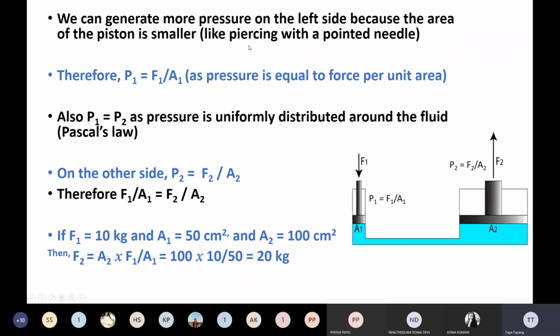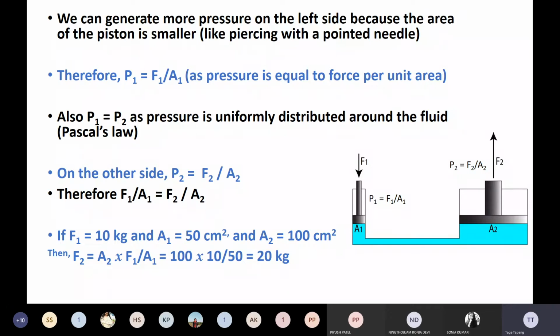Here you have one example, like piercing with a pointed needle. A needle has a very small cross section area, so we can pierce easily through many layers. But if the needle had a big cross section area, we could not pierce. Even with a small amount of force, we can pierce a needle through many layers of cloth or even soil, because the cross section area of the needle is small.